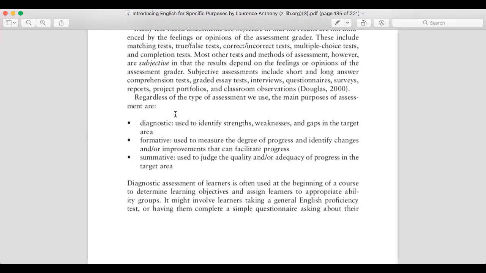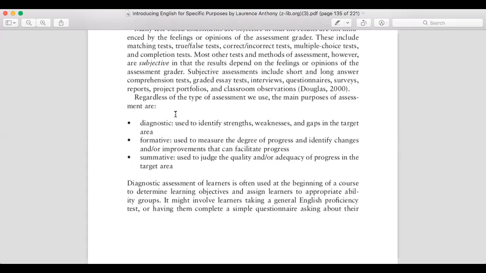Since their function is diagnosing, or identifying the strengths and weaknesses of the learners, these diagnostic assessments are conducted at the beginning of the course.